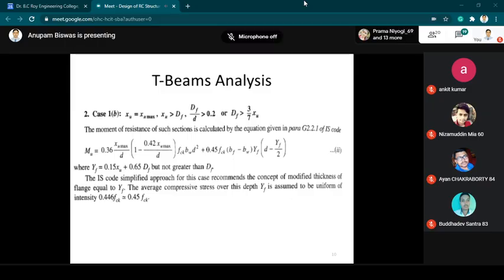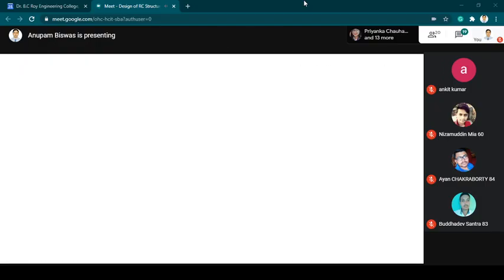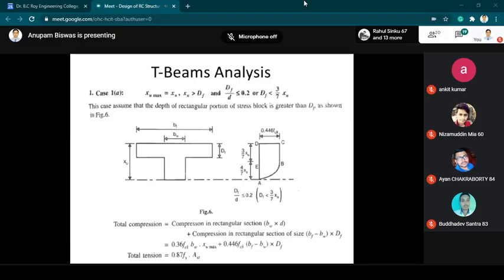Since we know the stress diagram of this section, as we have seen, comprises a rectangular section as well as a parabolic section. The rectangular section is BEDC, and the parabolic section, as you can see in the figure, is BEA.